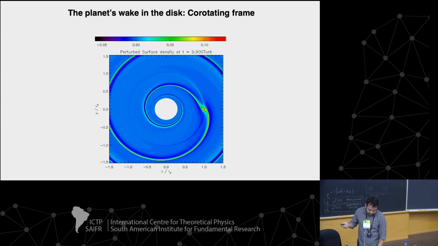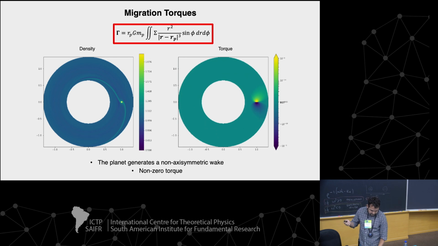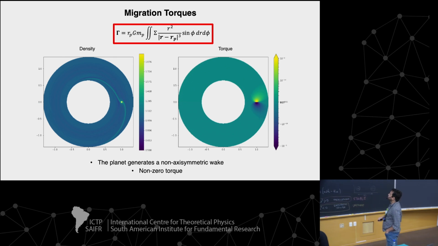Now you compute the torque with this, and you find that there's going to be a small asymmetry, right? The symmetry now is broken, because you have now a density wave on the positive side here, on the upper part, and have this wave here on the negative side of the torques.